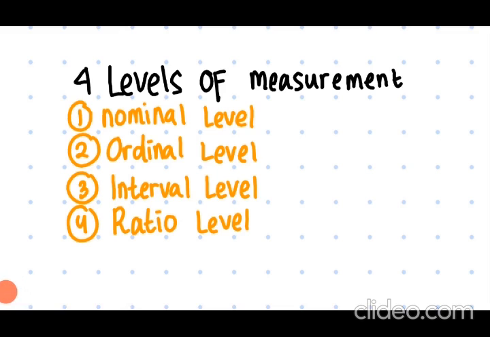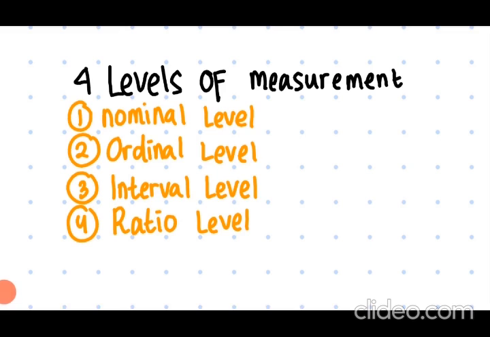And the third level is interval level. Interval level is similar to ordinal, but the differences have a meaning, though not the ratio between values. For example, temperature on the Fahrenheit scale, dress size, like that. And the fourth level is ratio level.